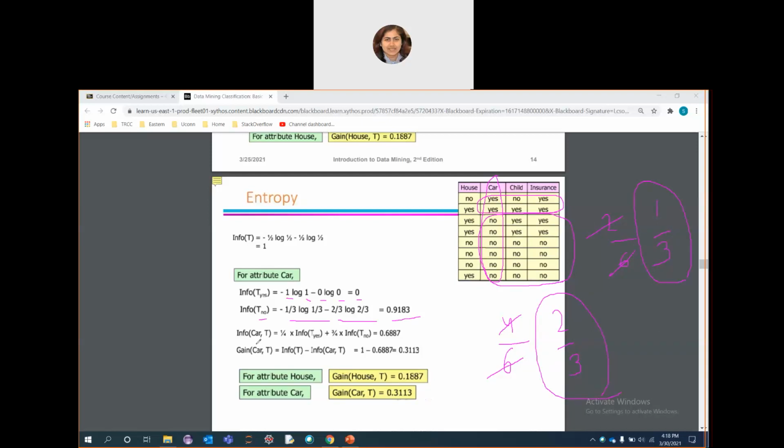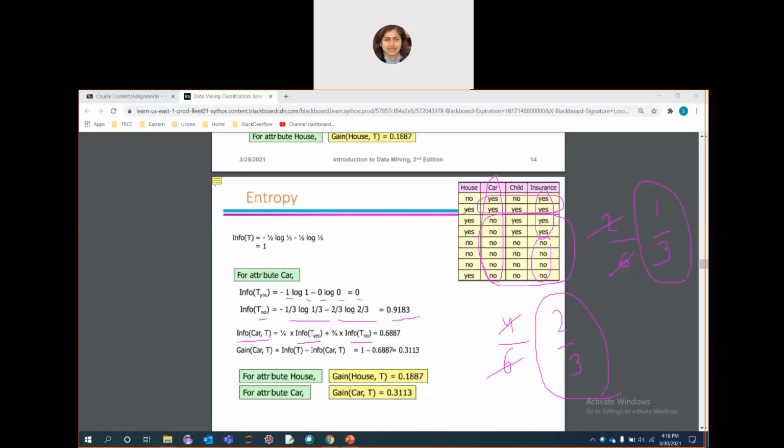In a similar way, we find out the info of car T in terms of info of T yes and info of T no. Having these two values placed here, we need the probability of T yes. Sorry, I made a mistake.